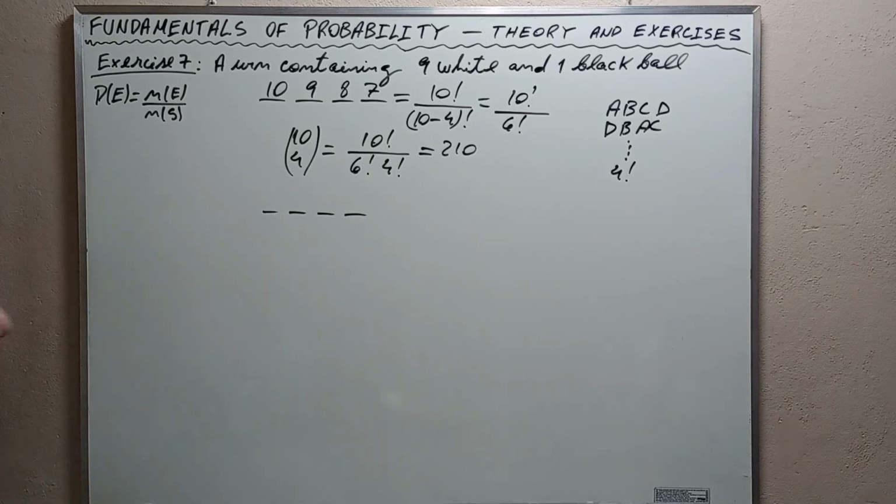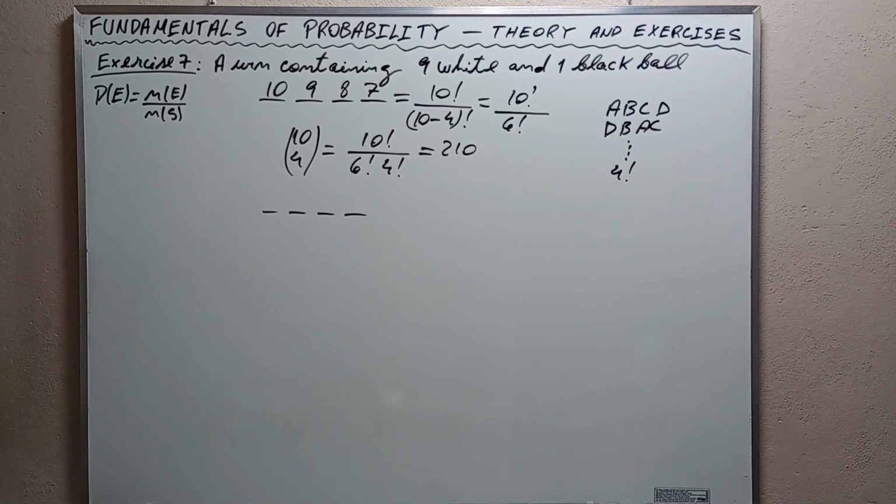We have 4 positions. We are selecting 4 balls. And what is the number of ways? We are using counting techniques, combinatorics, to calculate probability.